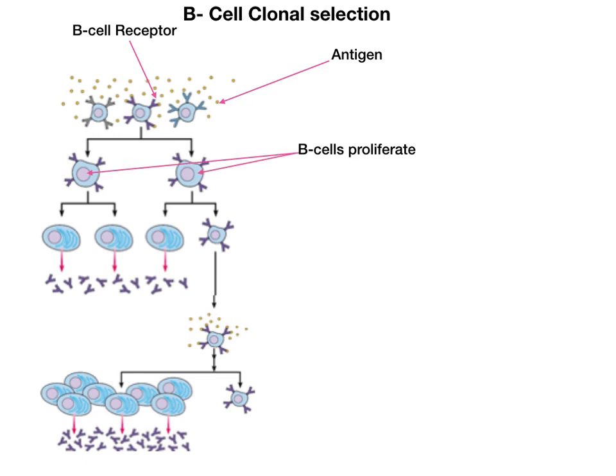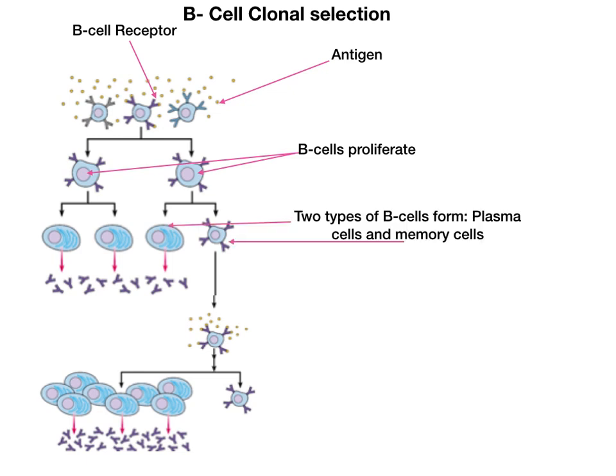That's when I say B cells proliferate, which means they start dividing. We're making many more of that one. In particular, we end up making two different types of B cells from this one. One is referred to as a plasma cell, which is the one without anything on the surface, and the other is referred to as a memory cell.